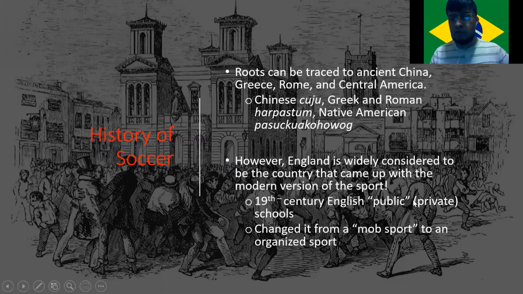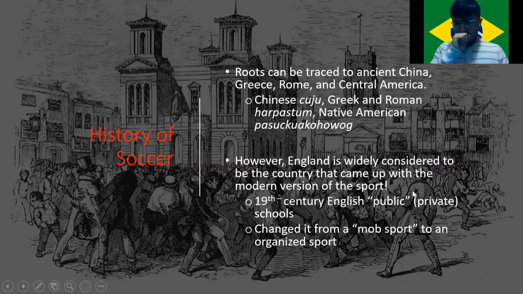The reason I put that in quotes is because you're probably familiar with public schools in the United States, which are the most basic or standard version of schooling. But in 19th century England, public schools were more related to private schools. You really had to pay top dollar to get into those schools.